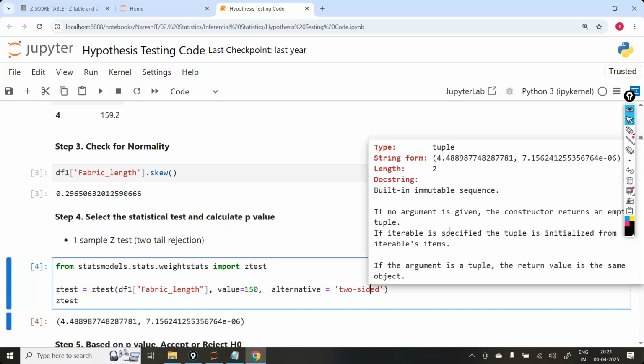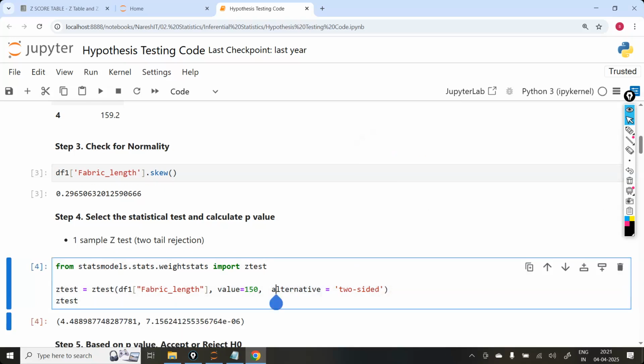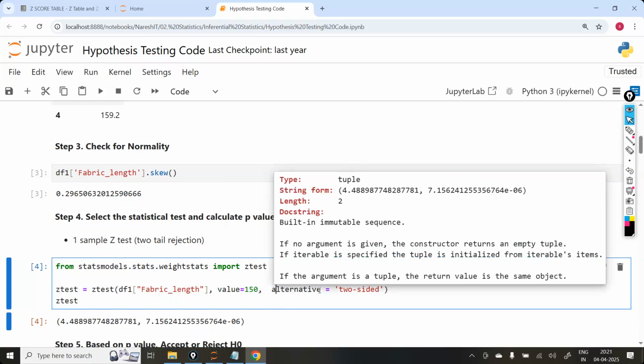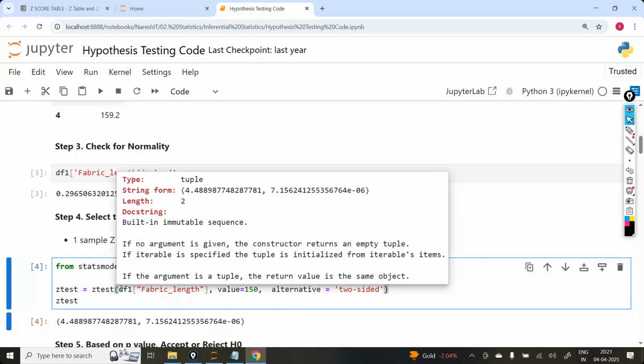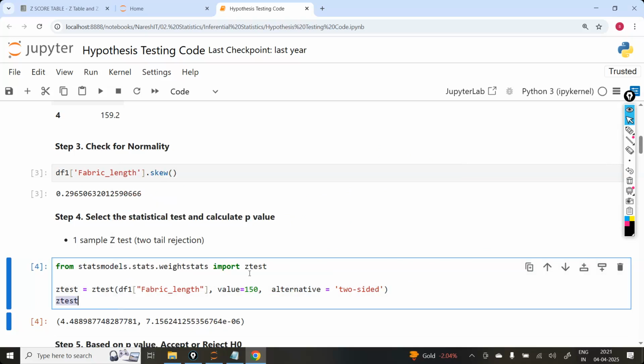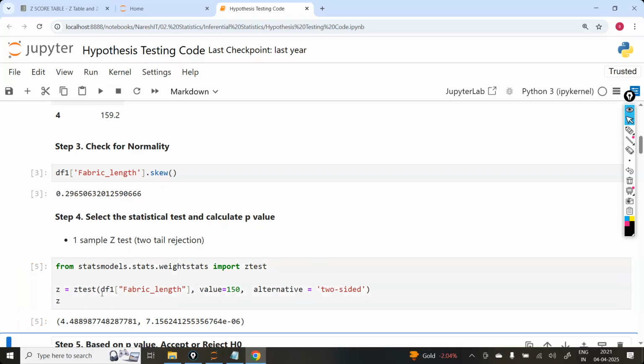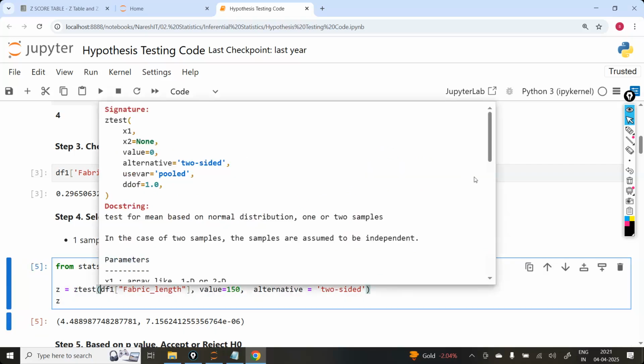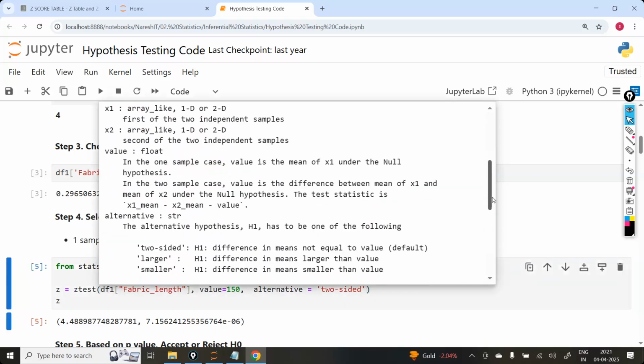I'm going to press shift tab. So in the Z test, can you see here?